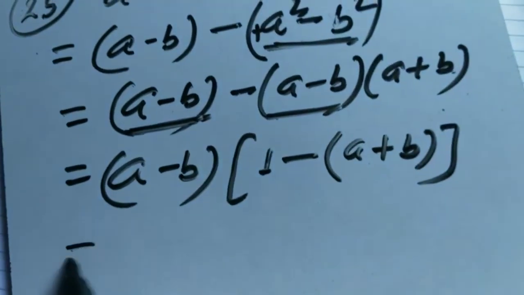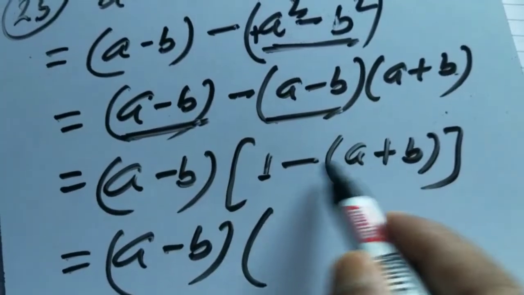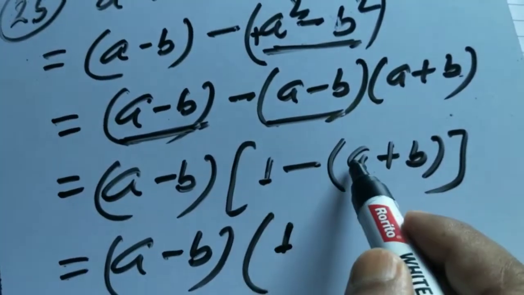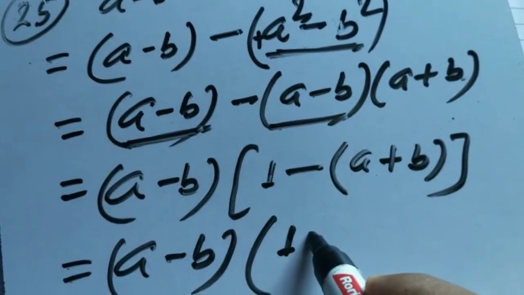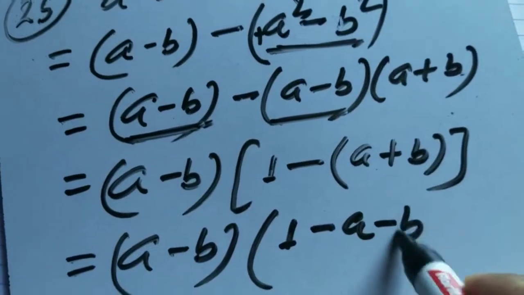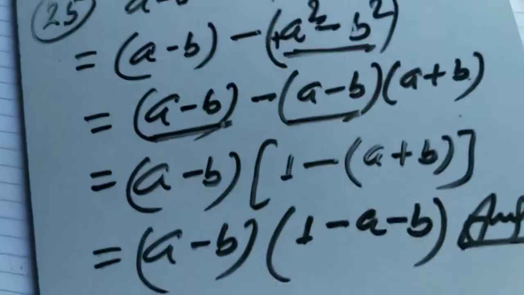Now a minus b is here, remove this bracket and 1 is here, so write 1, and minus multiplied by plus a will be minus a, and minus multiplied by plus b will be minus b. This is your factorization for question number 25.